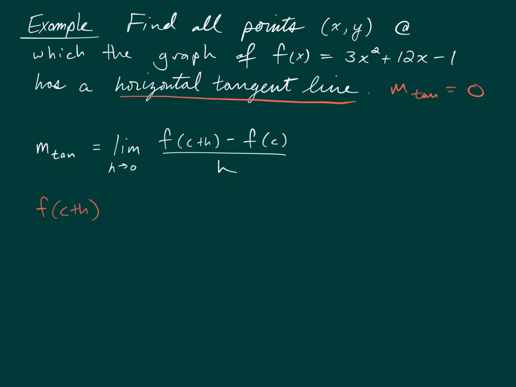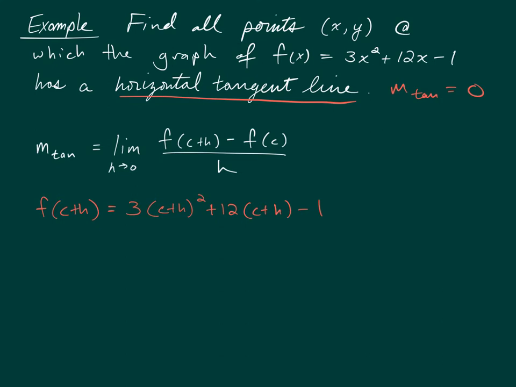Well, over here in this function we have f of x equals all of this, but f of c plus h is going to represent something different. X gets replaced with c plus h. So in the right side of this equation, all of the x's will get replaced with c plus h.